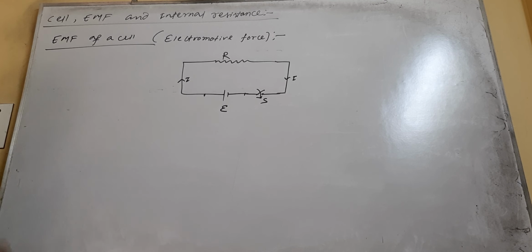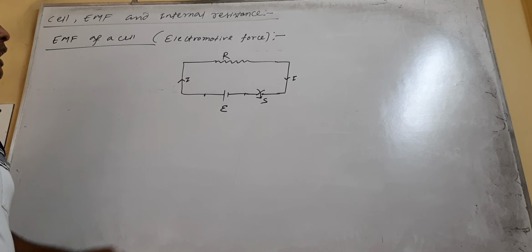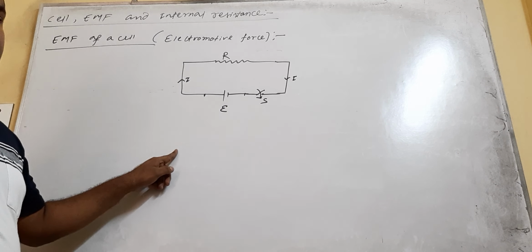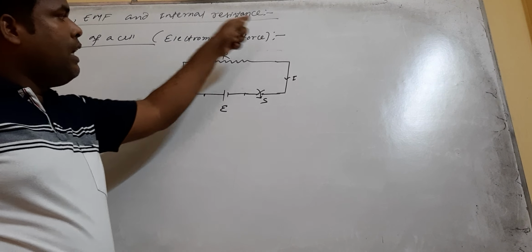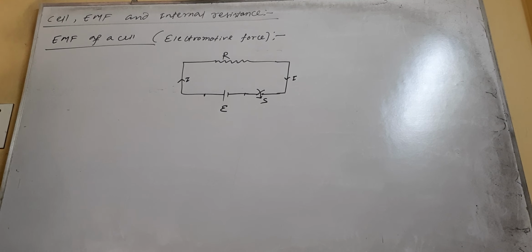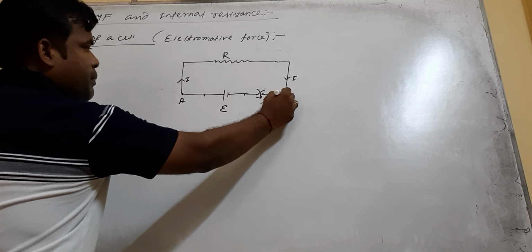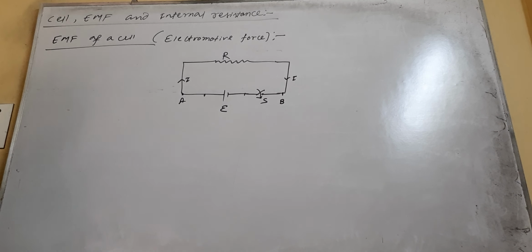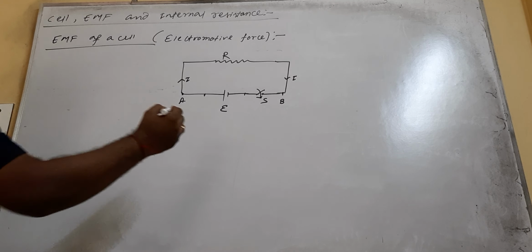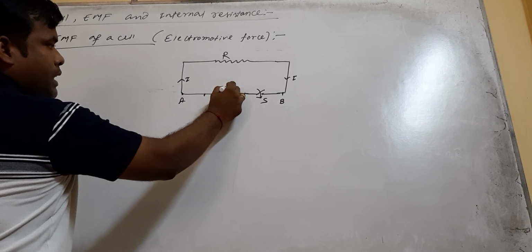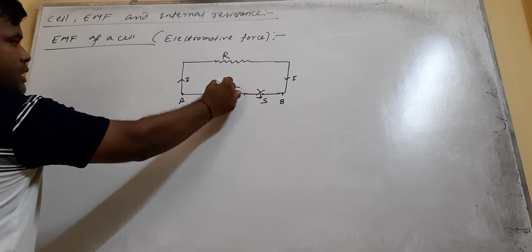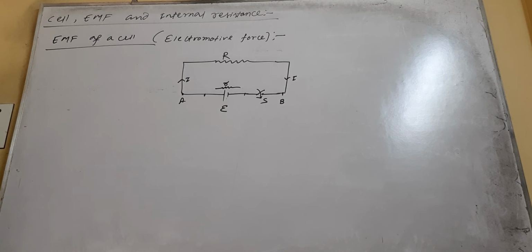So, electromotive force or E.M.F of a cell is defined as the work done by the cell in moving a unit positive charge once around a complete circuit. That means suppose this point is A, this point is B. What is your electromotive force? Inside the cell you have the internal resistance, let it be small r.